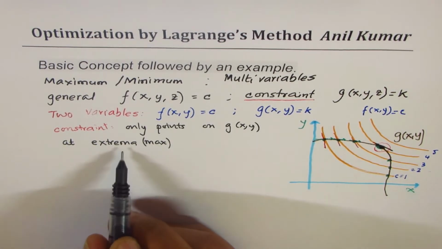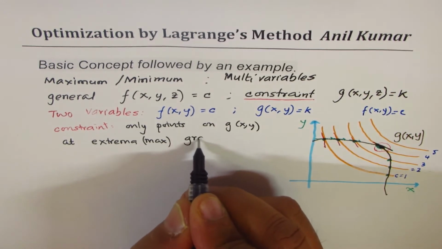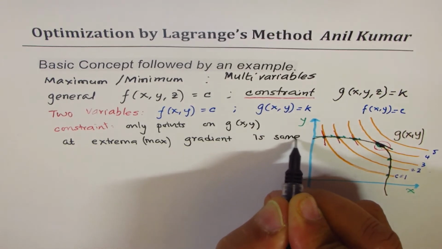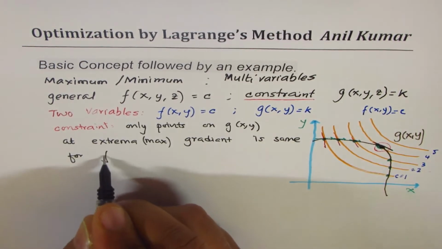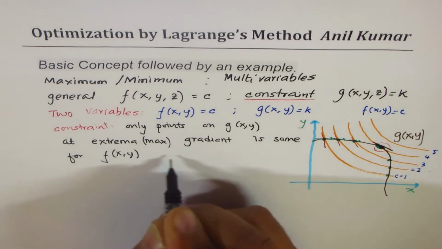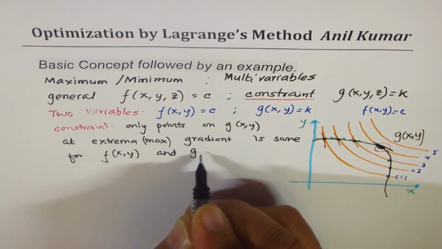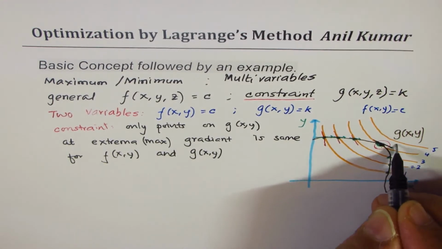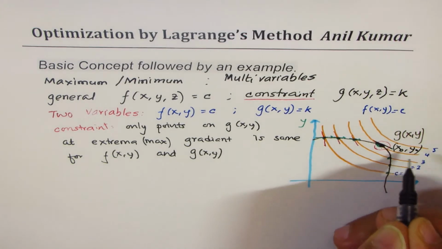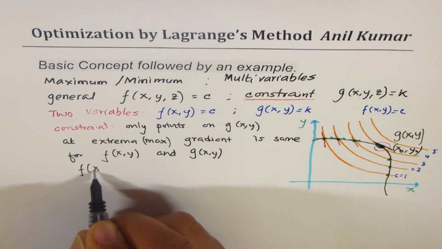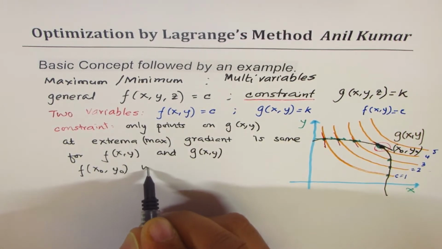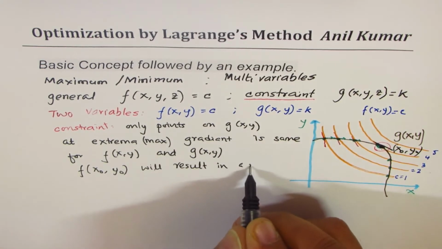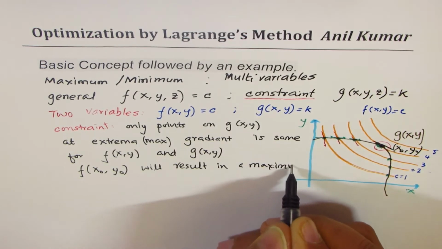So what we notice is that at extrema, gradient is same for the function fxy, which we're considering, and gxy, right? So at this point, let's call this point as x0, y0, correct? So that means that f x0, y0 will result in a maximum in this case, right?